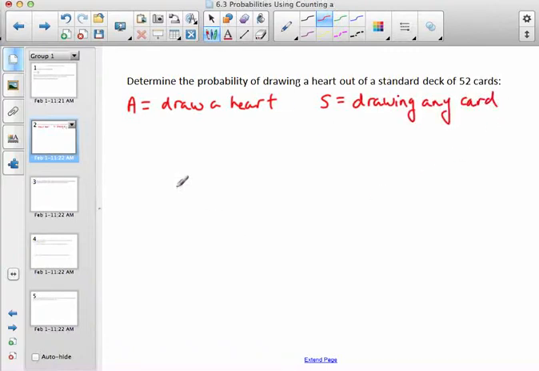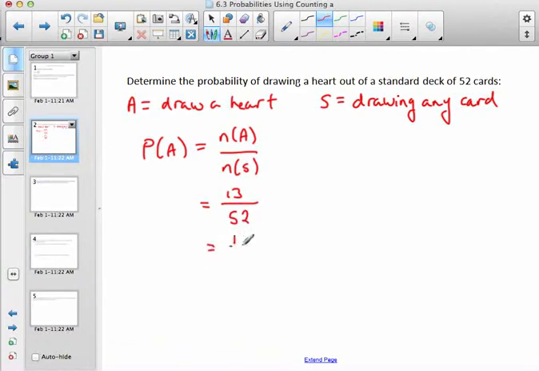Okay, so if we have our event A as being draw a heart out of a possibility of drawing any card at all, then the probability of event A is equal to the number of ways that we can draw a heart divided by the number of ways that we could draw a card, period. And that boils down to, well, there's 13 hearts in a deck, so we could draw a heart 13 ways out of a total of 52 cards, which simplifies to 1 out of 4, or 0.25, or 25%.